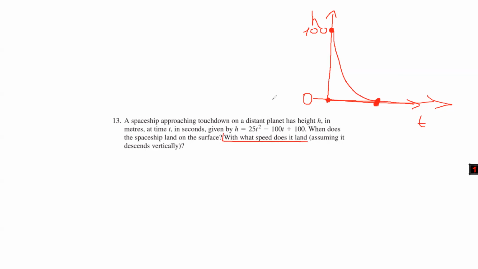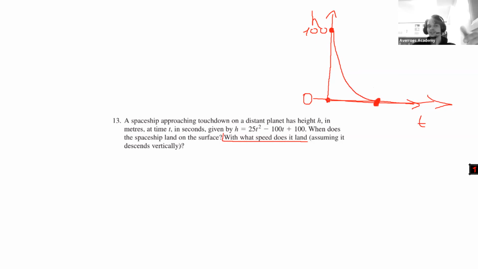Would the speed be the speed right before it touches the ground? Yeah. So we can say that the velocity is going to be equal to the instantaneous rate of change, right at the moment before we land.